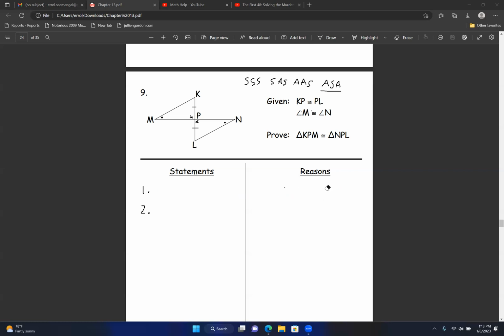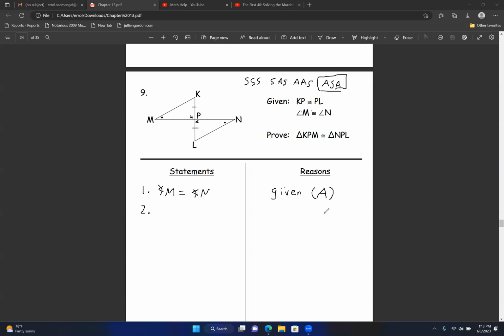So what should we say? Angle M equals angle N. That's given. That's an angle, right? Now the side. We want it in this order right here, ASA.